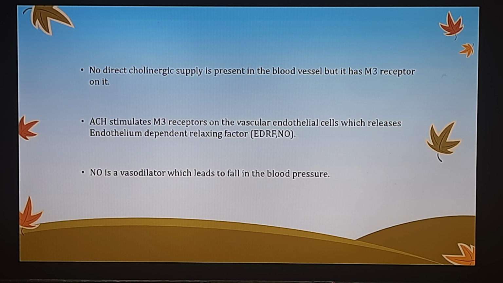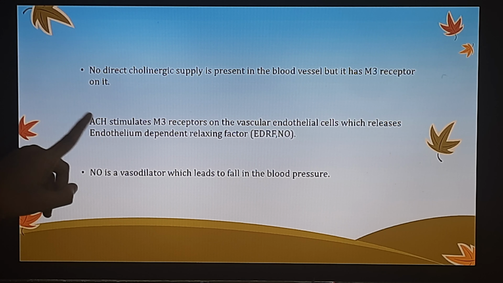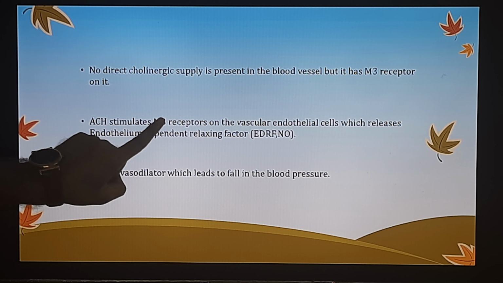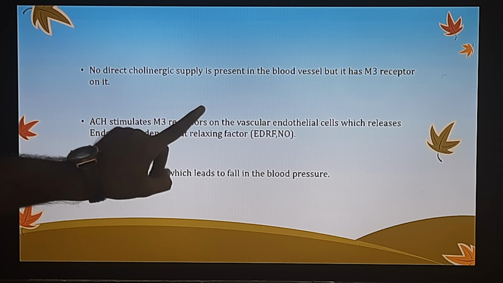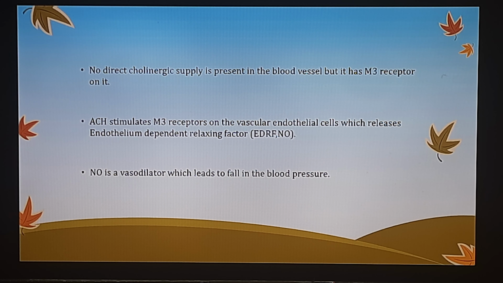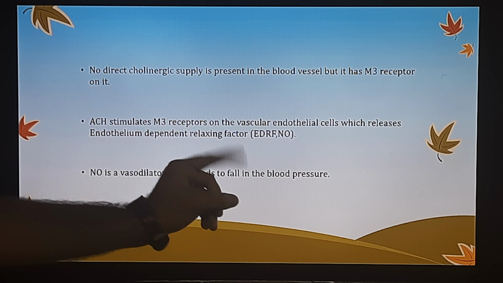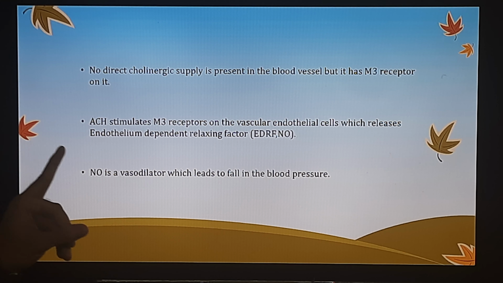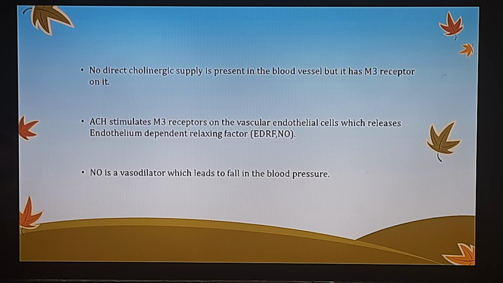When acetylcholine stimulates the M3 receptor present on vascular endothelial cells, it releases a very important substance, and the name of that substance is nitric oxide, which is the endothelium dependent relaxing factor.